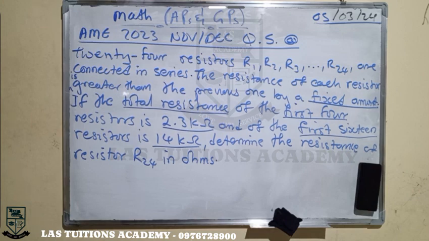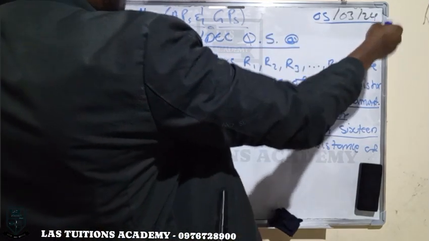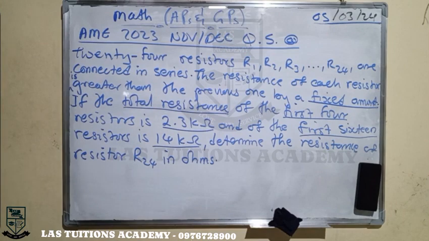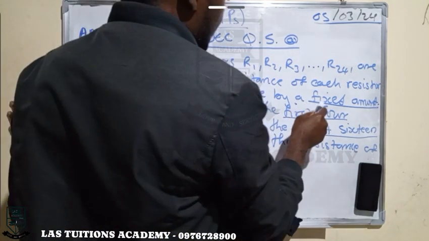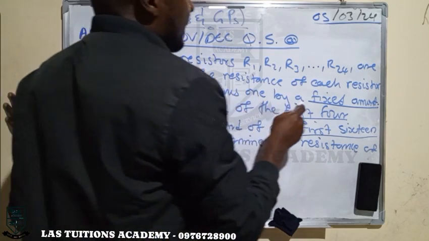If the fixed amount is 5, then 5 will be the fixed difference throughout.